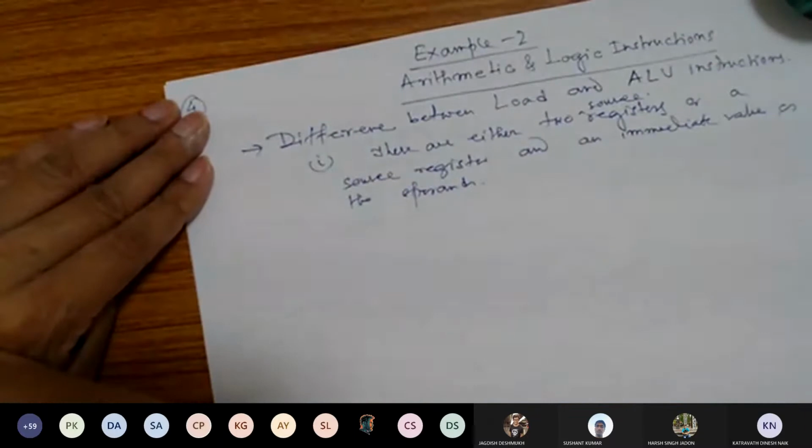Whereas in case of load, we have seen that it was always one source register and one immediate value. Do you agree with me?